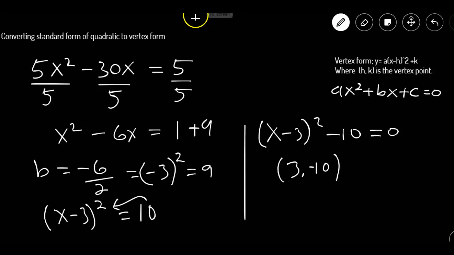And if you want to bring the 5 back, the one that we divided, we also write it as 5 times x minus 3 all squared, and then we multiply that, we get 50 equals that. But this is the simplest form though. But in case you want to bring back the 5 that we divided from the original, that would have been that.